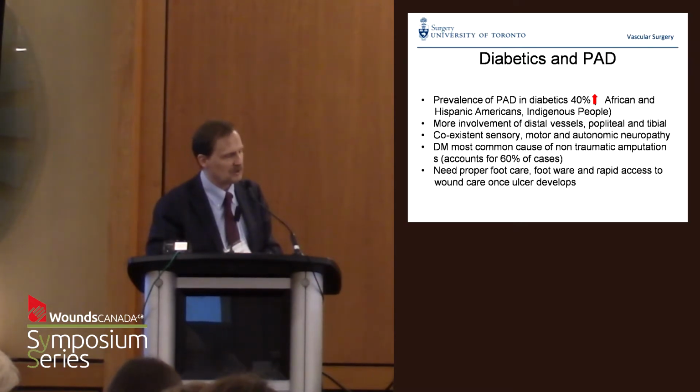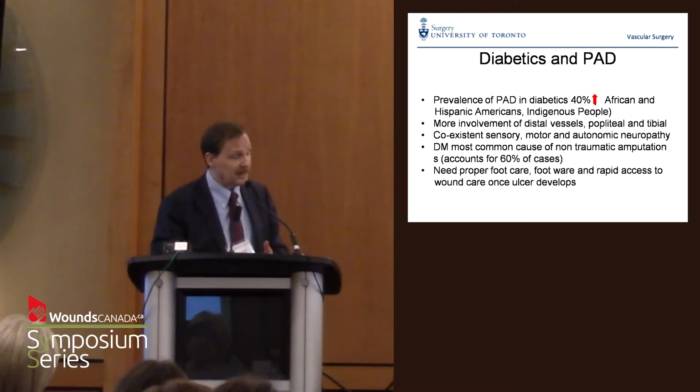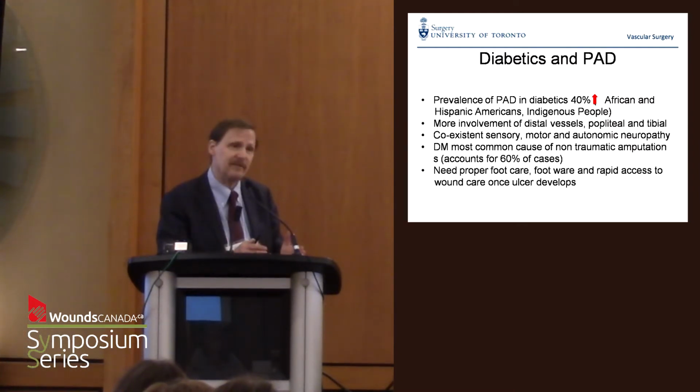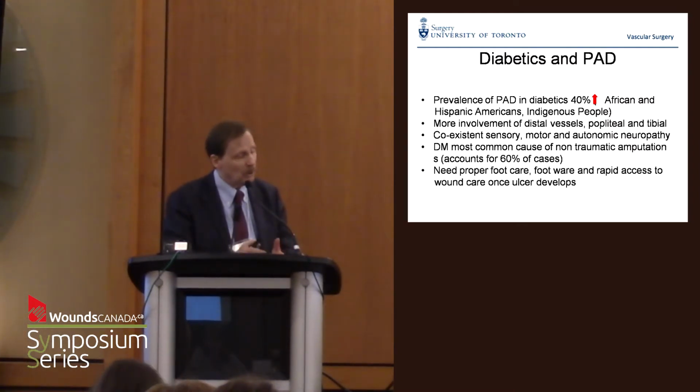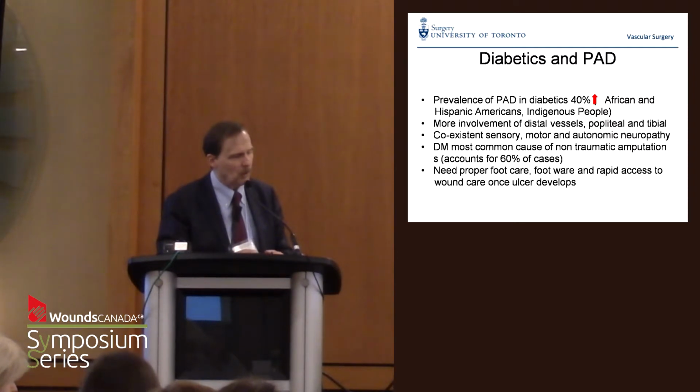It accounts for about 60% of cases. And our job really is to try to keep these people's feet on, and that encompasses not only treatment of their PAD, but also things like foot care, proper footwear, and rapid access to wound care once an ulcer develops.